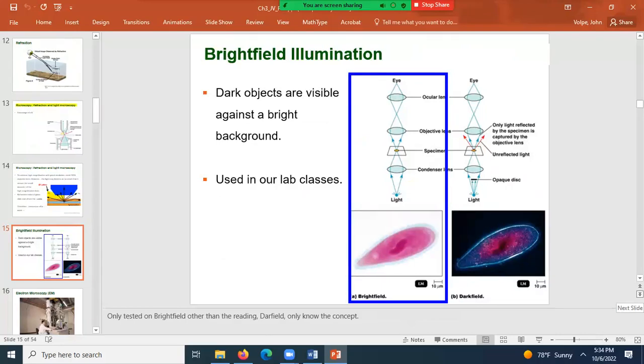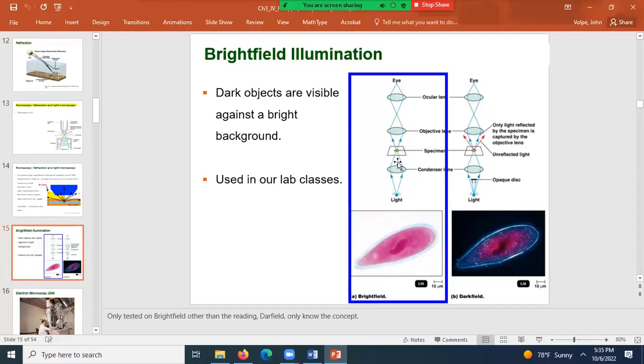All right, here we're looking at bright field illumination, where the specimen looks bright and the background looks bright. This is what most light microscopes are. All of the light microscopes in the lab use bright field illumination, meaning light comes through the specimen from the light source.